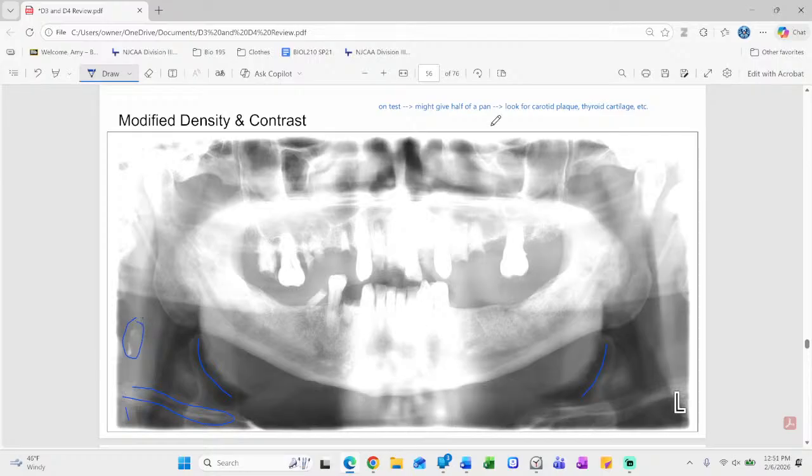Anatomically, thyroid cartilage is always well below your hyoid. Carotid plaque can be running up and down the vessel because the carotid artery runs there. But typically, where I showed you the diagram of where the external separates, that common carotid is typically where it starts.